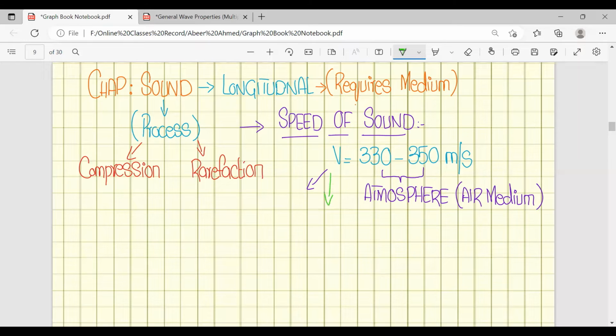So the difference in the speed of sound is due to the temperature and due to the air pressure, right? So these are the factors which make the speed of sound variable in air medium.